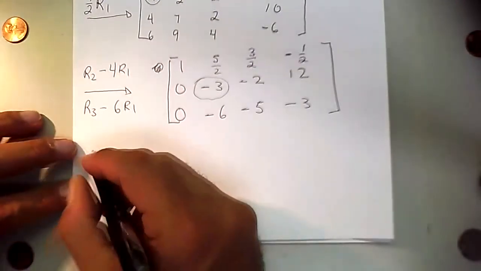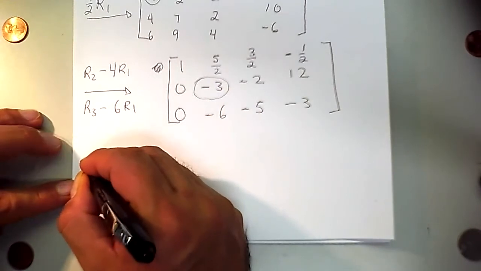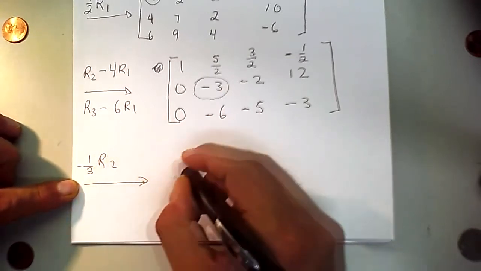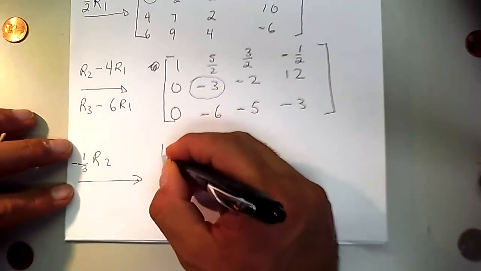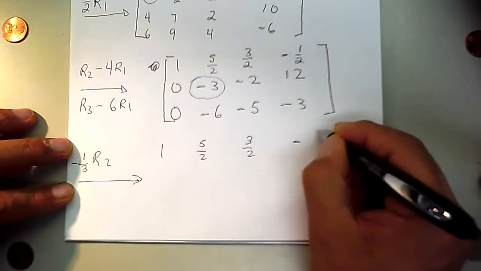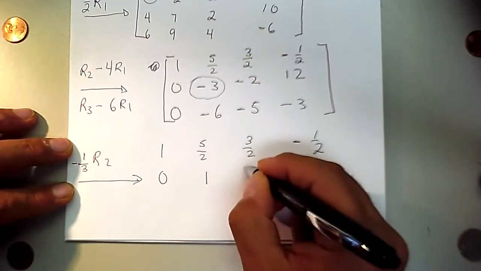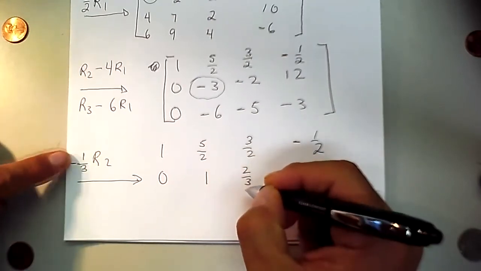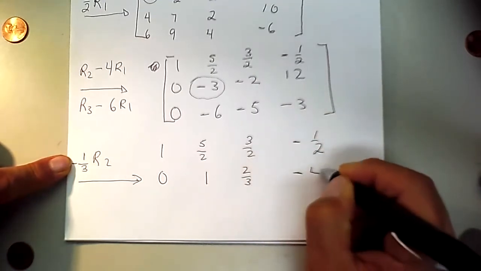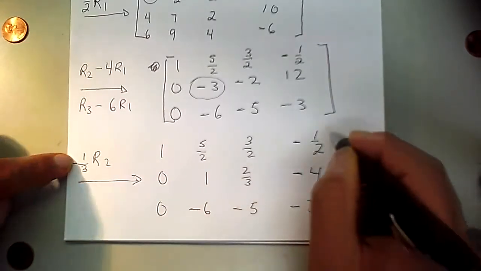Okay. So let's multiply the second row by negative 1/3, row 2. All right. 1, 5 over 2, 3 over 2, negative 1/2. 0, 1, 2/3, because we're multiplying by negative 1/3, negative 4. 0, negative 6, negative 5, negative 3.